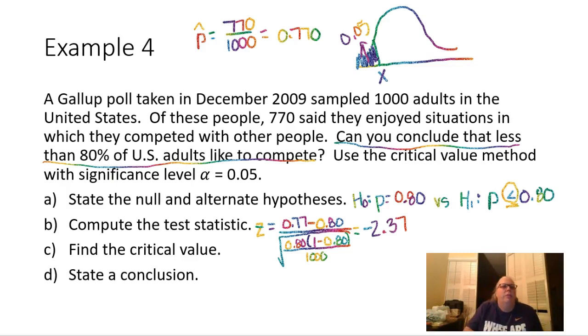So let's take this guy off of here, because now we know it's going to be equal to 1.645. And now we have our critical value for part C.